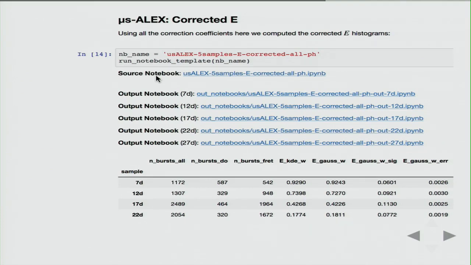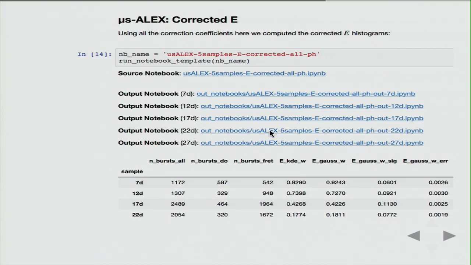And the output in the notebook will be links to the source notebook, the first link that is empty, and the links to the executed notebooks. So if I want to see the result on the file 22D, I click on this, and it will open the fully executed file. And since this is a notebook, I can rerun it interactively.